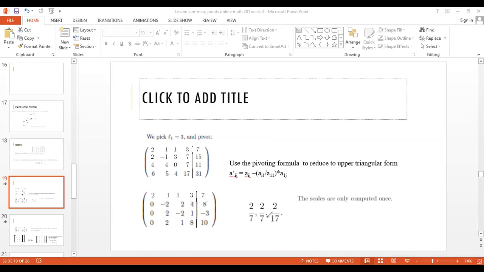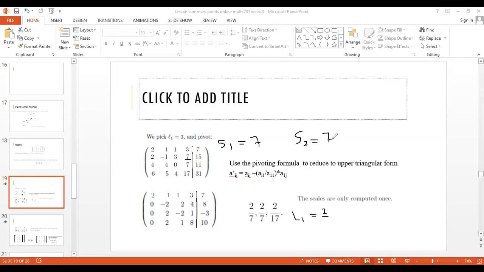So for L1, like we said, it is the absolute value of the leading coefficient, 2, over the original scale. The original S1, this is row 1, was 7. The original S2 was also 7.